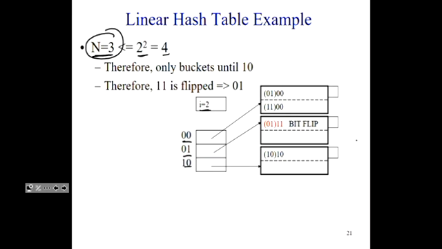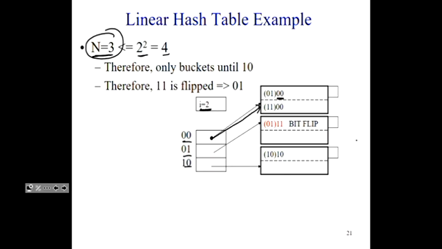Now, you're reading from the right as opposed to the left, so it's the last 2 bits that are relevant because i is equal to 2. The last 2 bits of this record's hash value are 00. Therefore, it is hashed inside the bucket corresponding to 00.